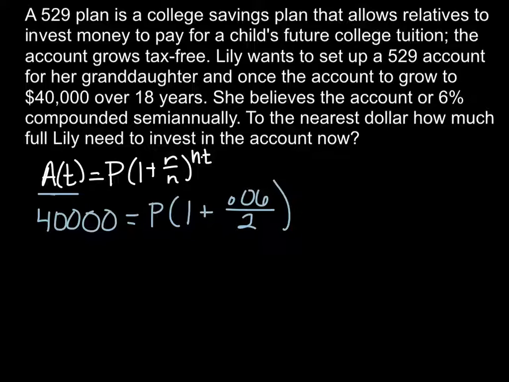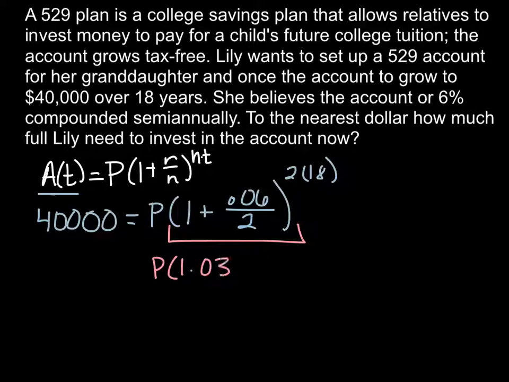Semi-annually means it happens twice a year. 2 times 18. So let's go ahead and simplify this first. 0.06 divided by 2 plus 1. So I have the principal is 1.03 raised to the 36.